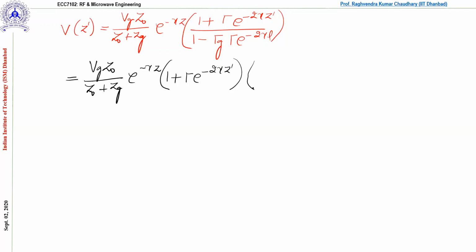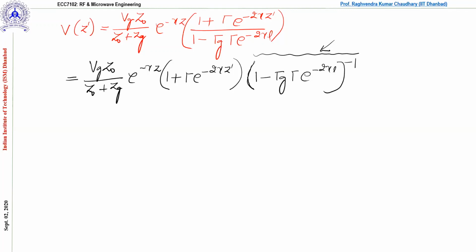And what we can do, the denominator, we can write like this: 1 minus gamma g gamma e to the power minus 2 gamma l, to the power minus 1. Fine. Now the thing is, we can use the binomial expansion here. This is 1 minus x to the power minus n, correct?